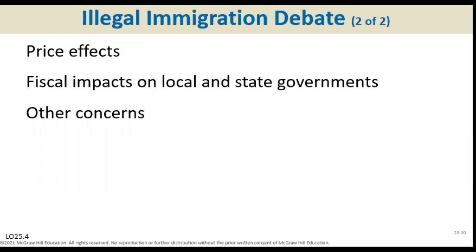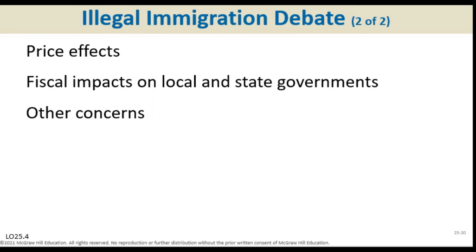Fiscal impact on the local and state government. The average net fiscal burden for each low-skilled immigrant household may be as high as 19,500 per household per year.